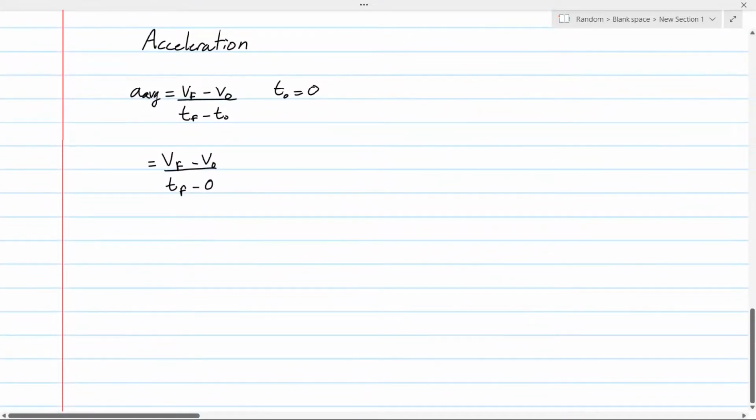The average acceleration can be written as the final velocity minus the initial velocity divided by the final time minus the initial time. If we set the initial time to be equal to 0, then this equation becomes next.